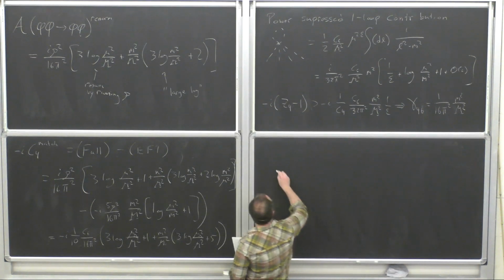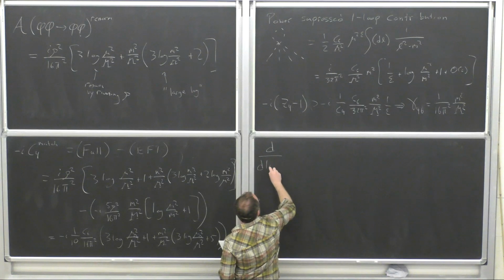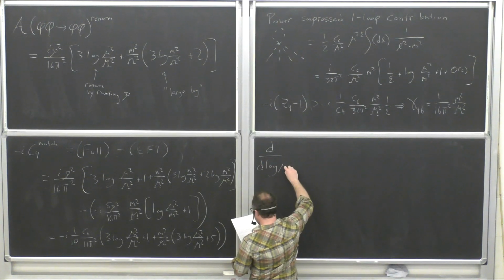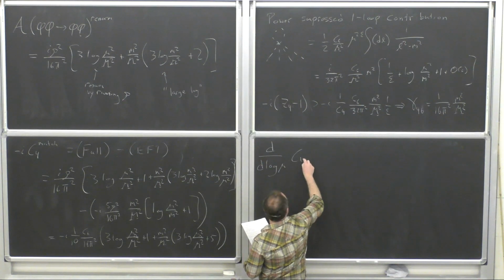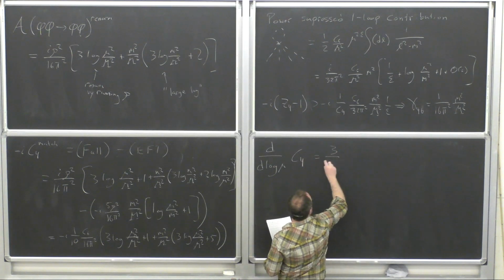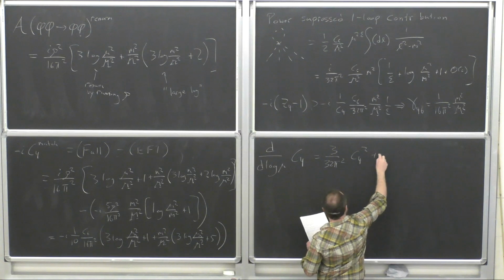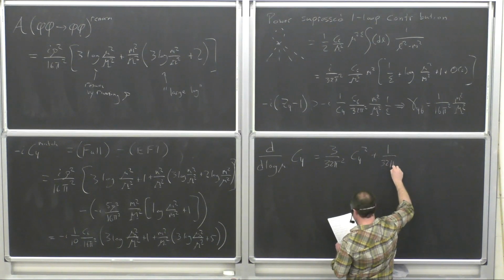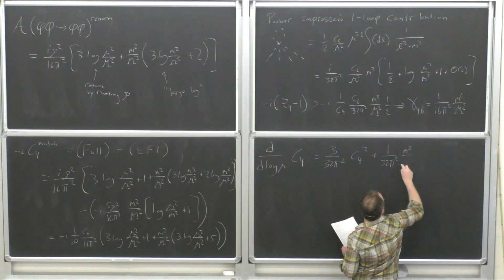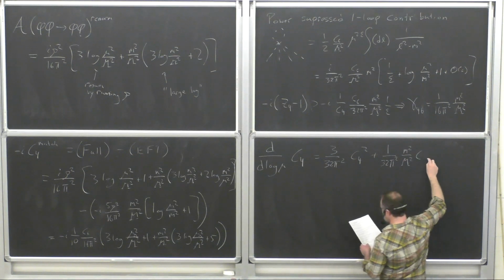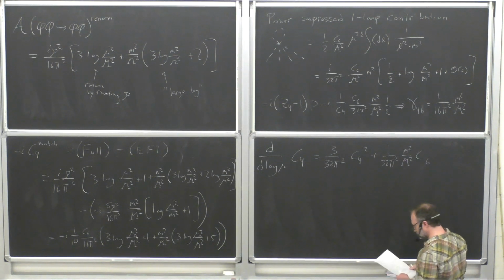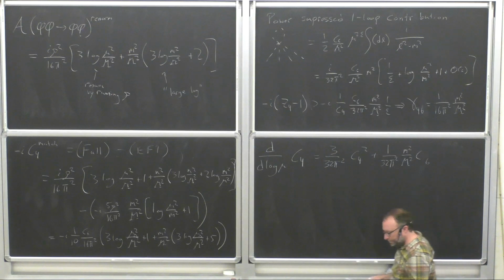So we have d log mu of C4 equals 3 over 32 pi squared C4 squared plus 1 over 32 pi squared m squared over capital M squared C6. Okay?